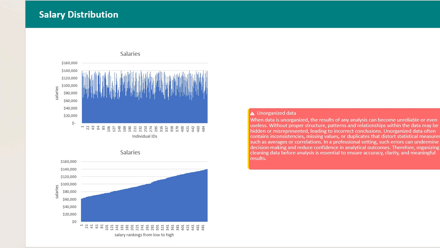Because there are no other factors besides the individual's ID, this would be considered as unorganized data. This might result in unreliable results.